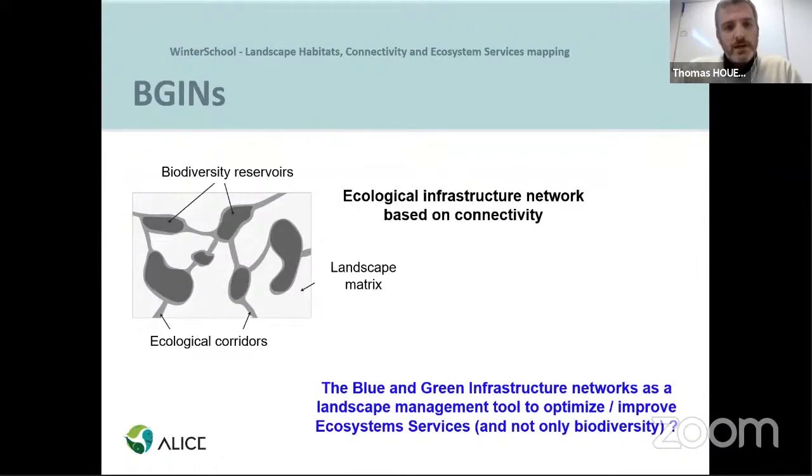Okay, so the idea behind the ALICE project is also to consider the BGINs. What we call BGINs is the blue and green infrastructure network. It helps to define the functionalities of connectivity between patches of landscape that have some functions for some species, for instance, and they are dispersed all over the landscape within what we call the landscape matrix. The idea of ALICE is to try to assess if the blue and green infrastructure network can be a landscape management tool to optimize and improve ecosystem services, but not only biodiversity connectivity.